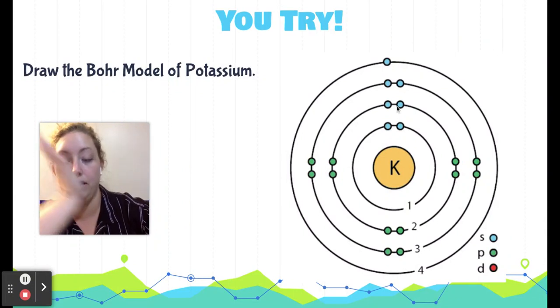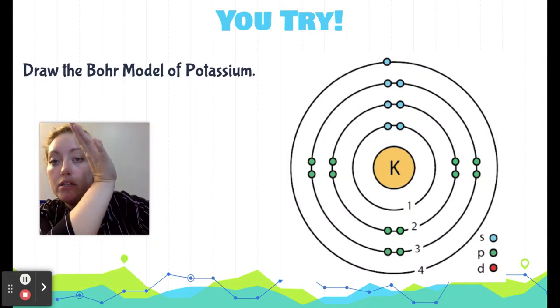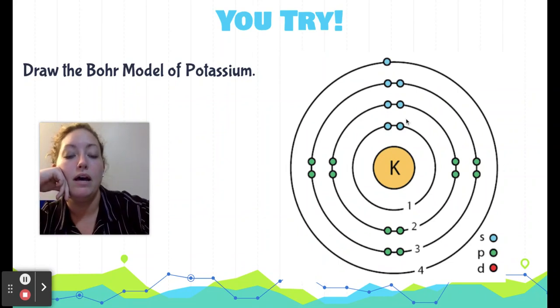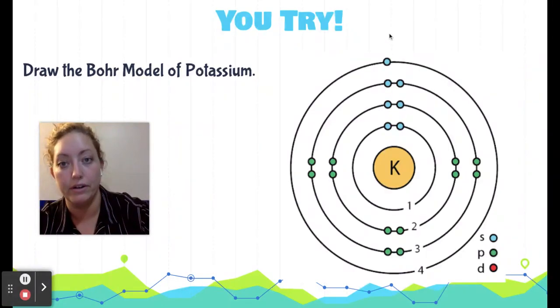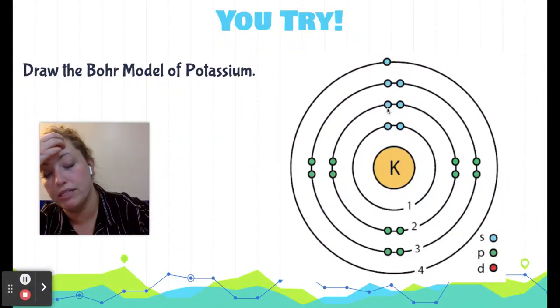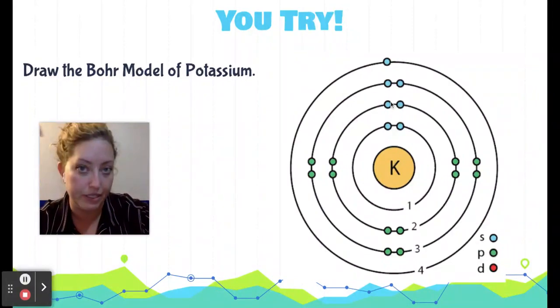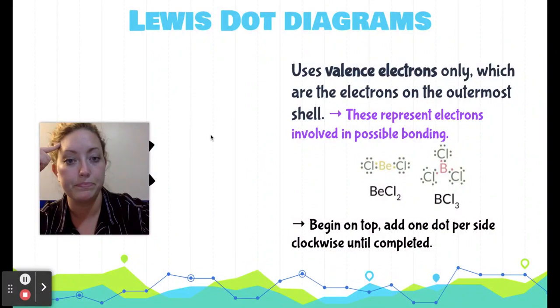So if you are in the top right corner of your periodic table, it does have the pattern of 2, 8, 8, 18, 32, and so on. It just has to do with where it's located on the periodic table, which will make more sense in a second when I show you that part.